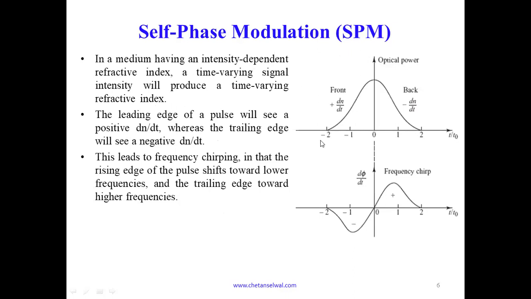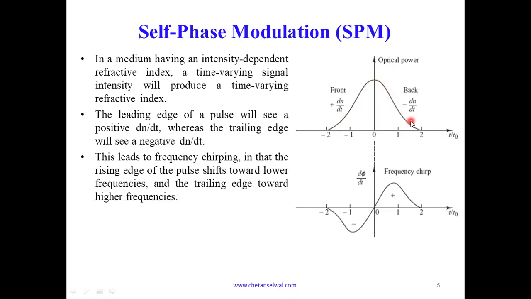Here we can see that power is fluctuating. Here power is minimum, here power has started increasing, and here power is maximum.